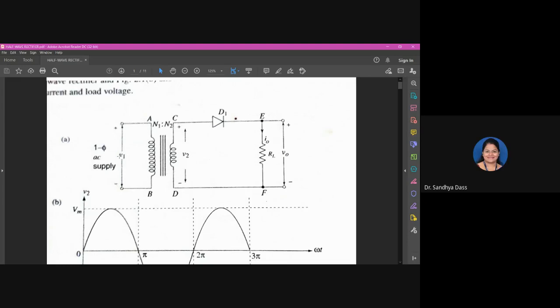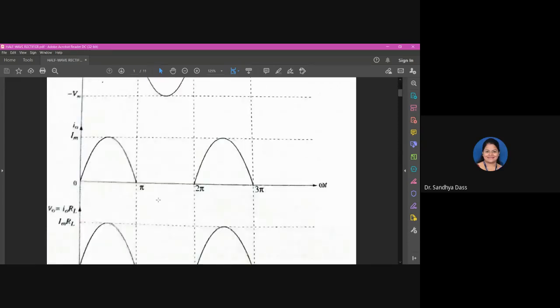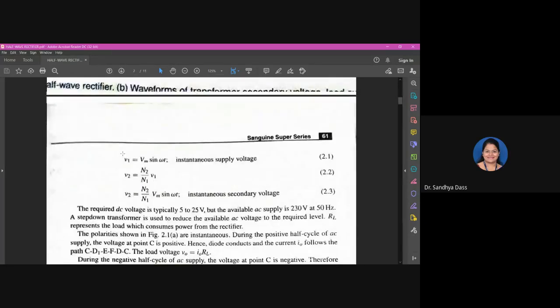Taking V1 to be our instantaneous supply voltage, let us assume it to be Vm sine omega t, where Vm is the maximum amplitude of the voltage, and sine omega t because it is a sinusoidal signal.